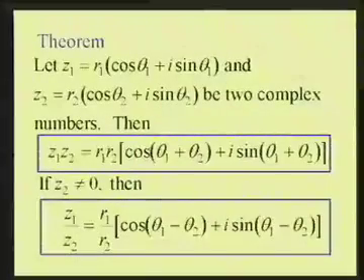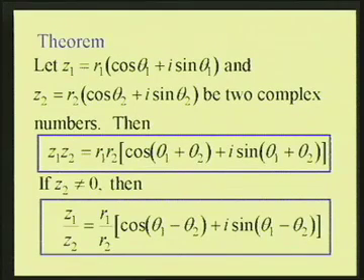When complex numbers are written in polar form, we have an alternative method for multiplying and dividing the complex numbers. Let z1 equal r1 times the cosine of theta 1 plus I sine theta 1, and z2 equals r sub 2 times the cosine of theta 2 plus I sine theta 2 be two complex numbers.